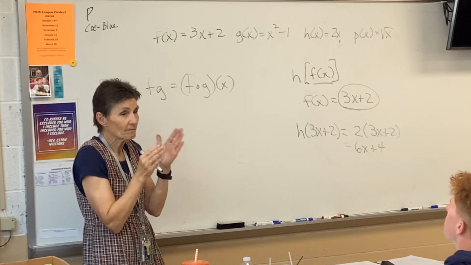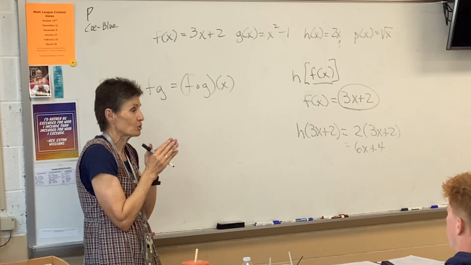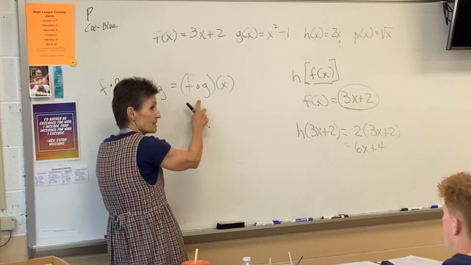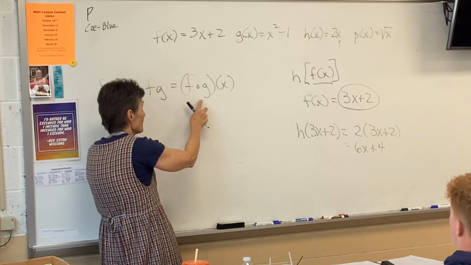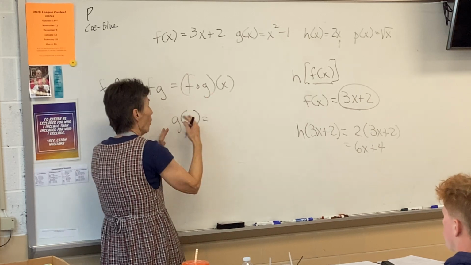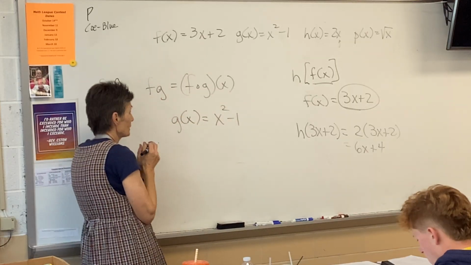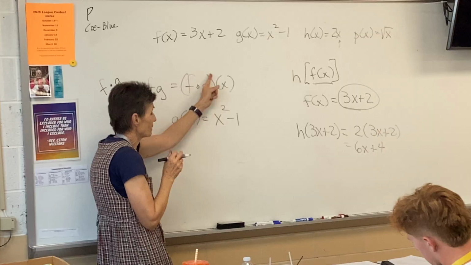So when f, g are written right next to each other and they're functions, it's a composition. So this means this. All right, so what does this mean? Well, take g of x, the whole function, x squared minus 1. That's g of x right here.